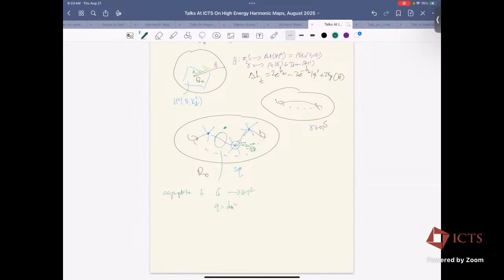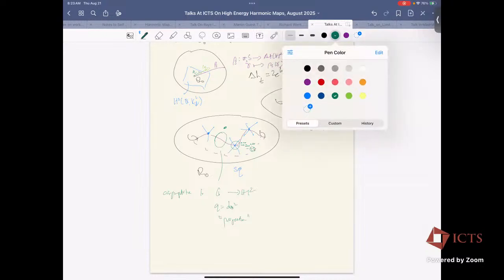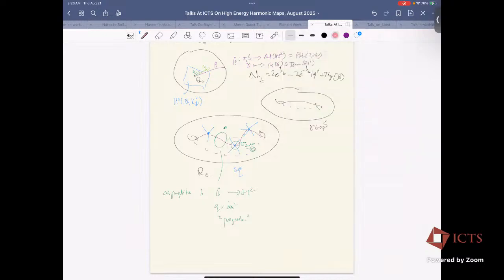So in here, the map is a projection. Over here, I have a map from C to H2, where Q was z squared dz squared. And the image map, as we drew last time, is like this.